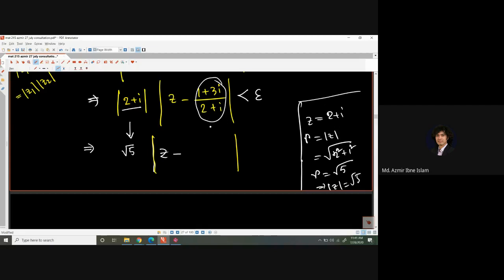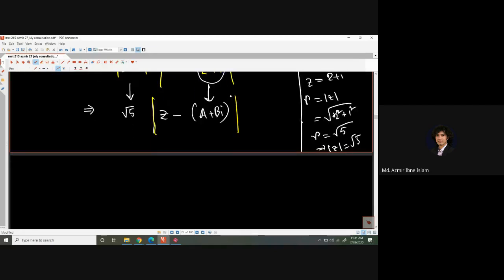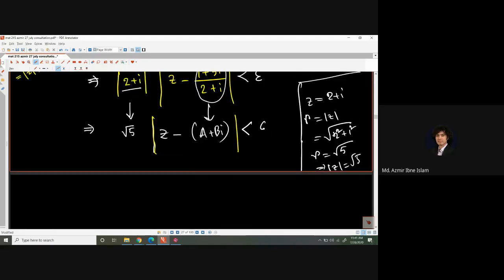We can express this in a single form a plus bi by the concept of rationalizing. Whatever part we have in the denominator, here 2 plus i, we can make this p by q form into a plus bi if we multiply by the conjugate of the denominator, that is 2 minus i, on both the upper part and lower part. Clear? Yes, sir. So here we have epsilon.